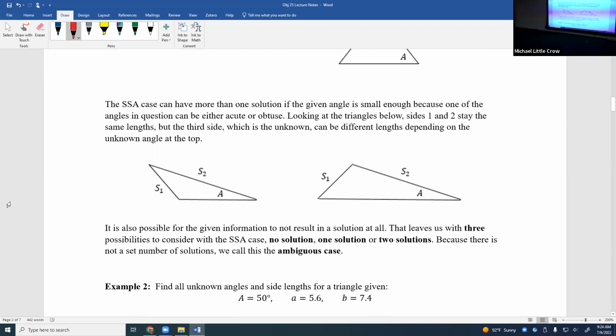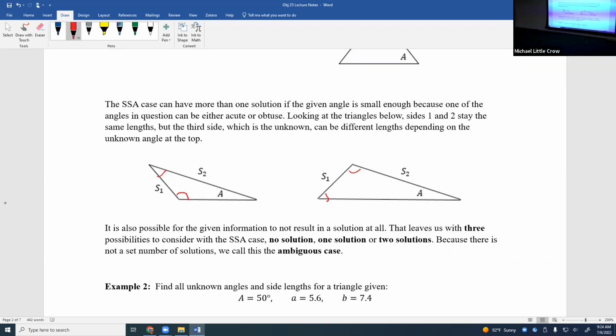And this is the example. With the same given sides and angle, one could be an obtuse with an acute, or it could be two acute angles. And both of those solutions could fit the information we were given. So if we don't have a scale drawing, we have to say, here are two solutions.